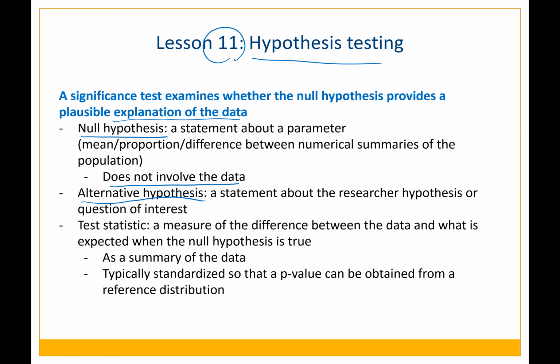Then the alternative hypothesis is a statement about a researcher's hypothesis or question of interest. Again, it's about a parameter, but it's going to be different from the null hypothesis. It can be something as easy as the null hypothesis where you have the mean equal to 0, and the alternative hypothesis can be mu different from 0, bigger than 0, or smaller than 0.